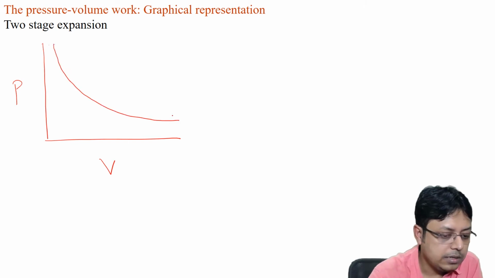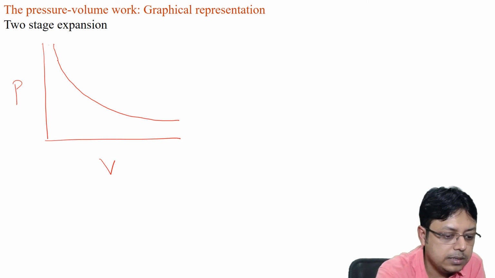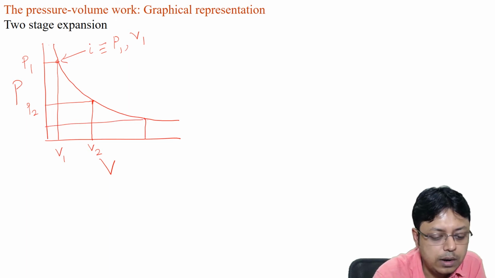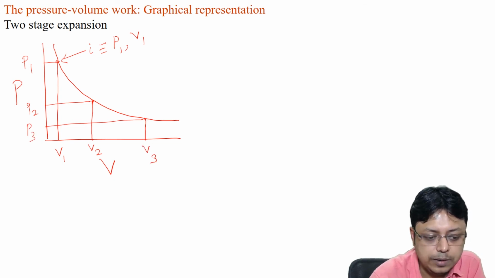This is the isotherm, and this is the initial state, P1 V1, and then we go to a state where the pressure is P2 and the associated volume is V2, and then we eventually go to a state where the pressure is P3 and the associated volume is V3.